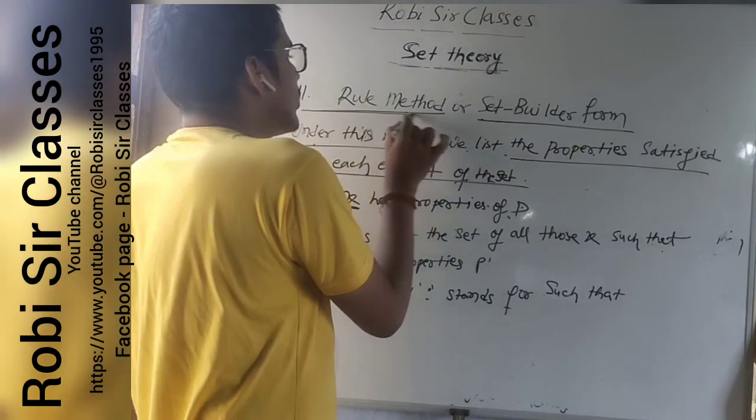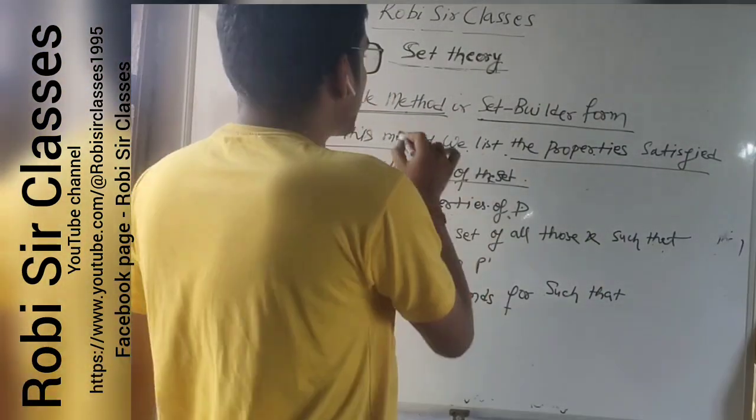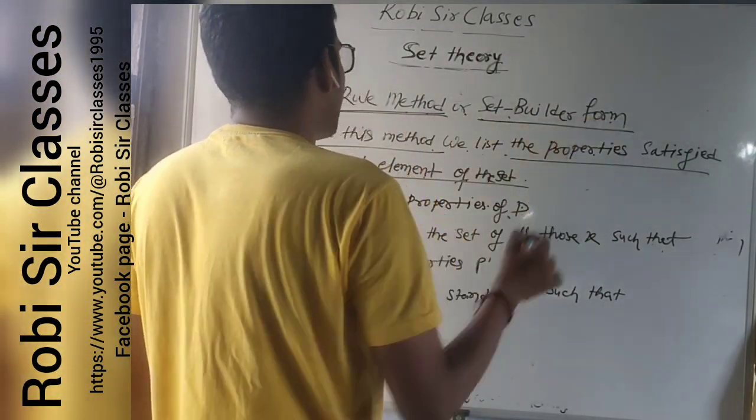Now the third method to describe a set is the rule method or set builder form.